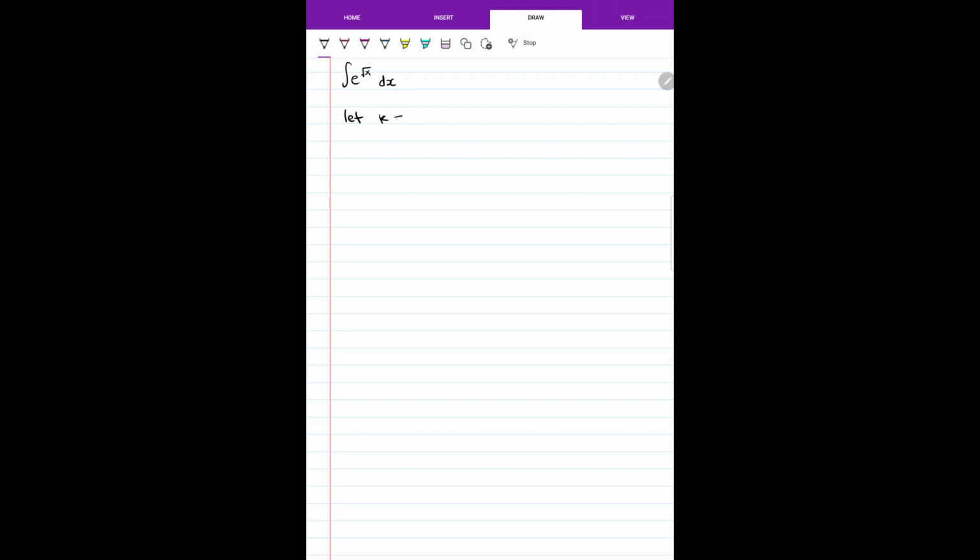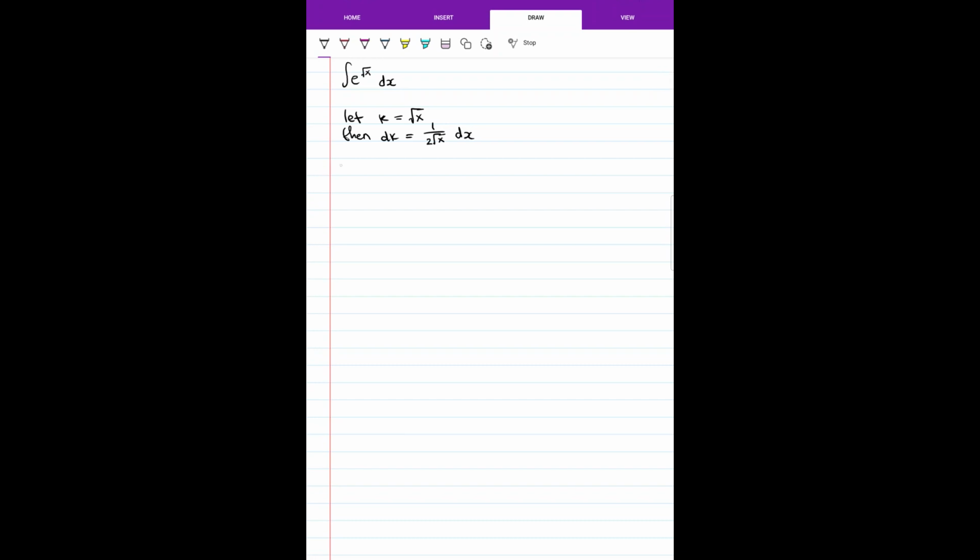I'm going to say let k equal root x. Then dk is going to be 1 over 2 root x. If we take the derivative of this, it becomes this. And then because we are taking the derivative with respect to k, put a dx.